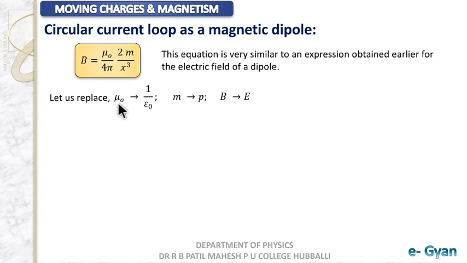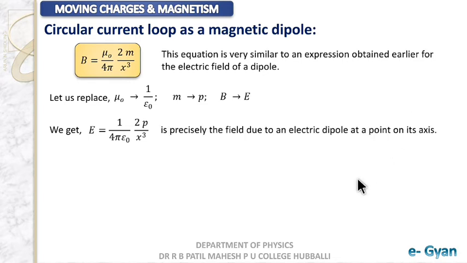Let us replace mu naught with 1 by epsilon naught, m, that is magnetic dipole moment, with electric dipole moment, and magnetic field with electric field. If we replace these quantities, then we get an expression, that is E is equal to 1 divided by 4 pi epsilon naught into 2p divided by x cube. And we know that this is an expression for electric field on the axis of an electric dipole.